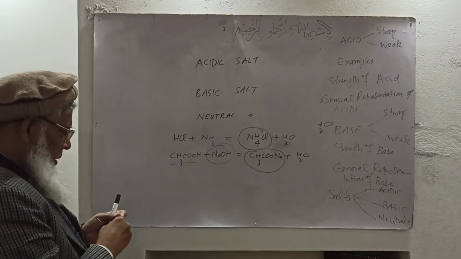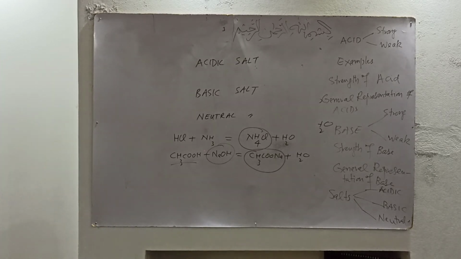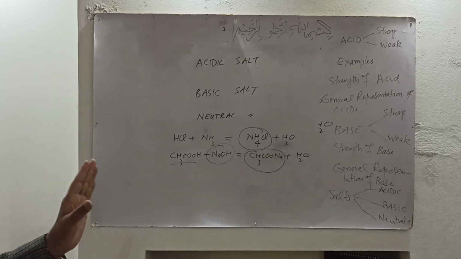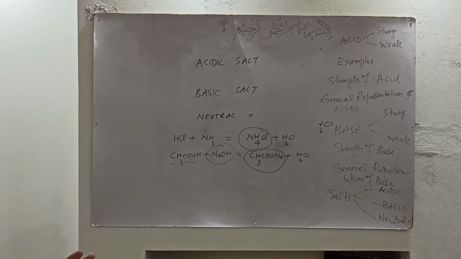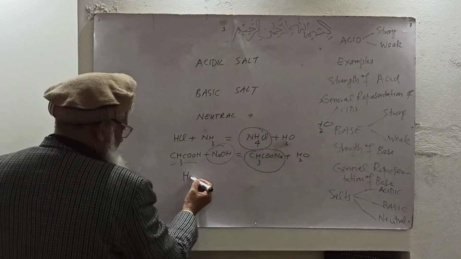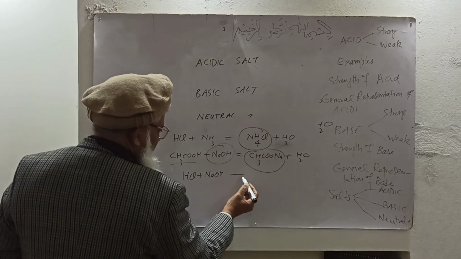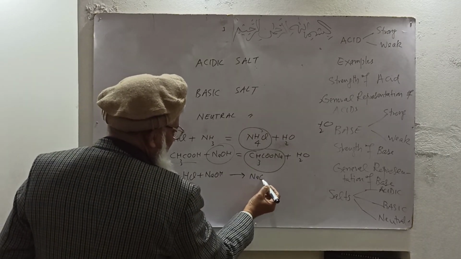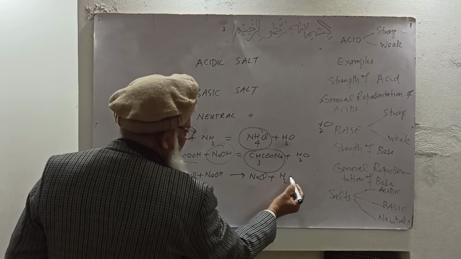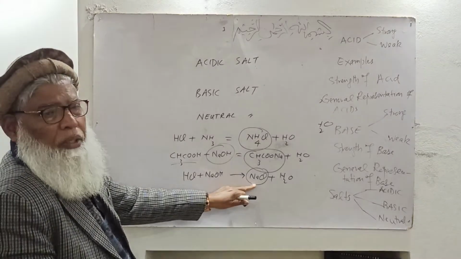Similarly, when a strong acid and a strong base combine in a neutralization reaction, they form a neutral salt. For example, HCl plus sodium hydroxide gives sodium chloride plus water. This is a neutral salt.